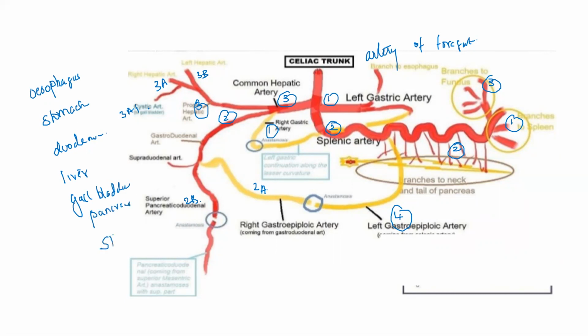It did supply the spleen, but the spleen is not a derivative of foregut, okay? It is derived from the mesenchymal cells in the dorsal mesogastrium. Please remember that.